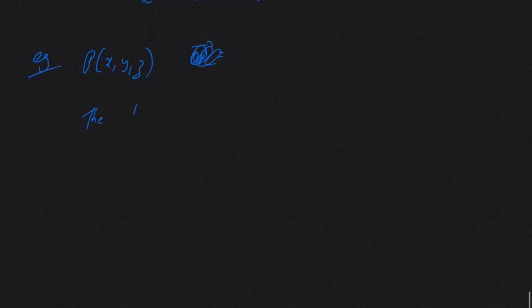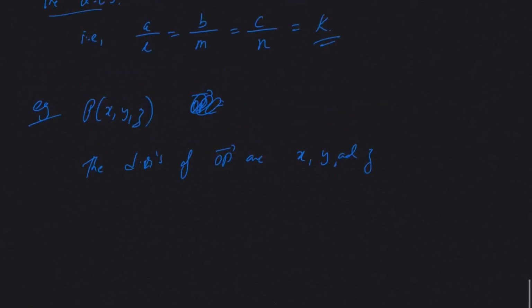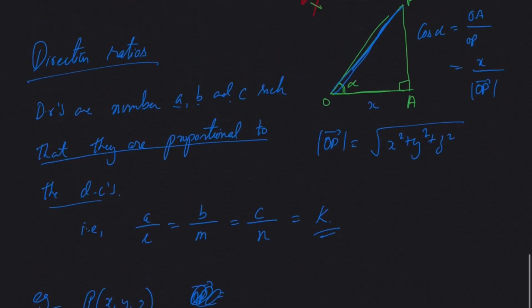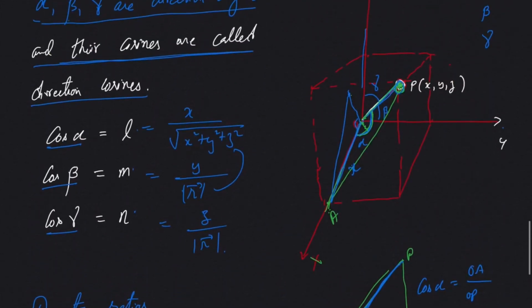The direction ratios of OP will be x, y and z. This is only in the case of a point. Here we are discussing only a point, not a vector formed by joining two points A and B.